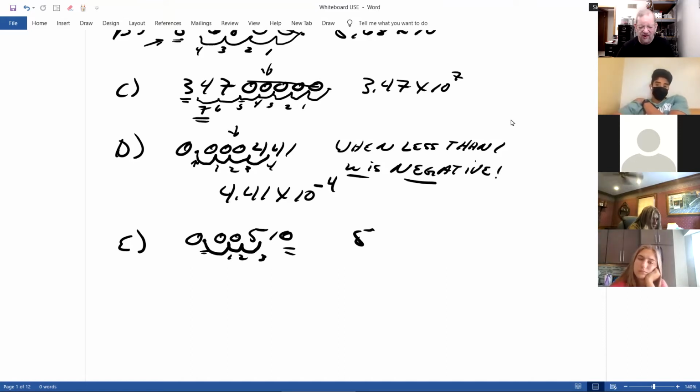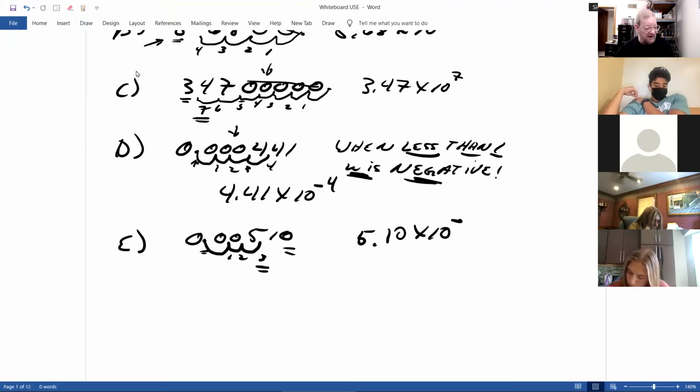And therefore we will have 5.10. That's an awful looking 5. Let me do better. That's better, sort of. And then times 10 to the what? Well, this number is less than 1, and we moved it 3 times. And when the number is less than 1, n is negative. So it's going to be minus 3. So it'd be 5.10 times 10 to the minus 3.